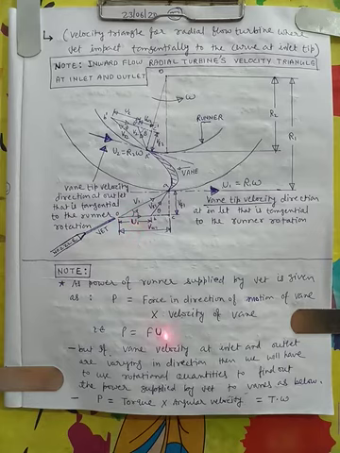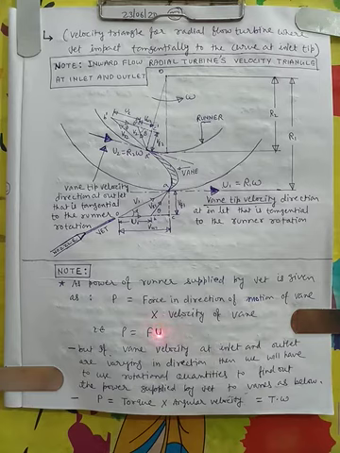The relation we have used in last articles for power calculation is force in the direction of motion of vane into velocity of vane, F into U. But here one thing we can observe very easily, and I cleared it earlier, that this relation we can use if U is same at inlet and outlet.